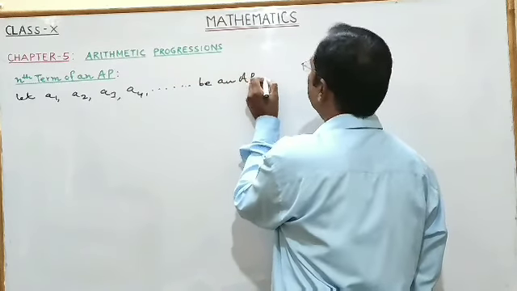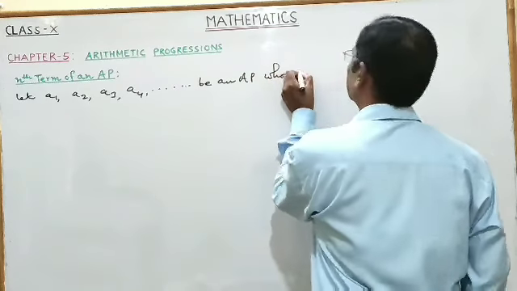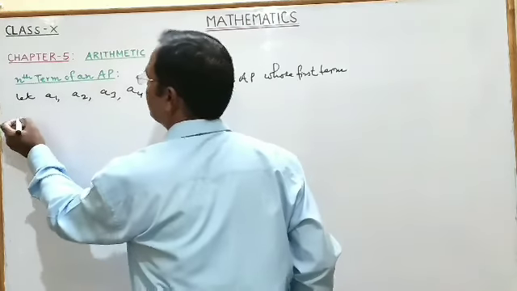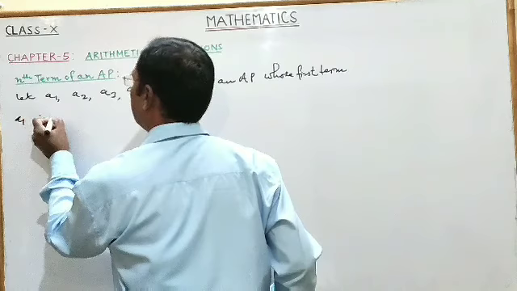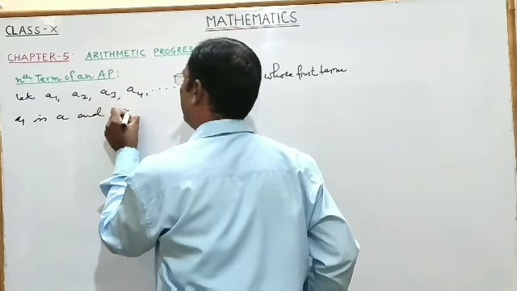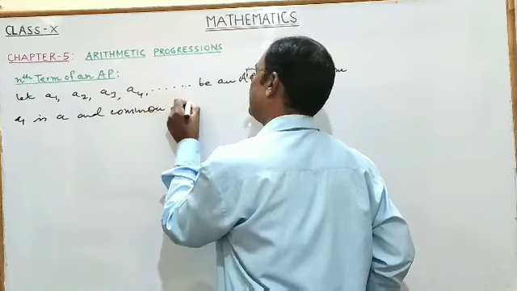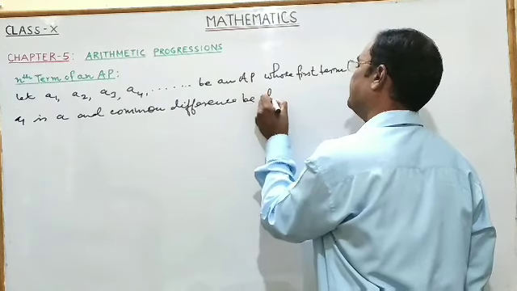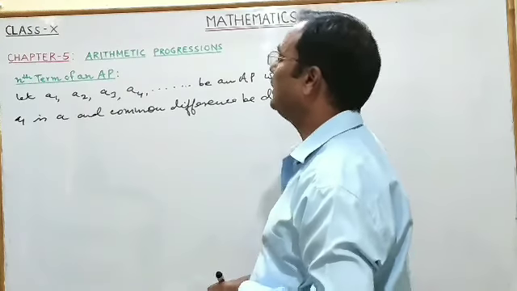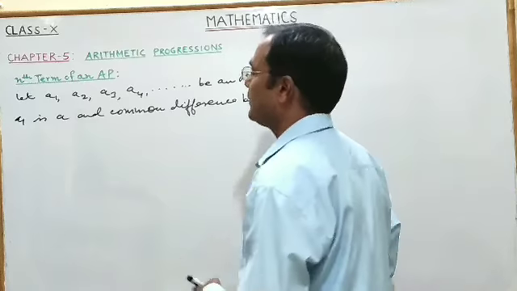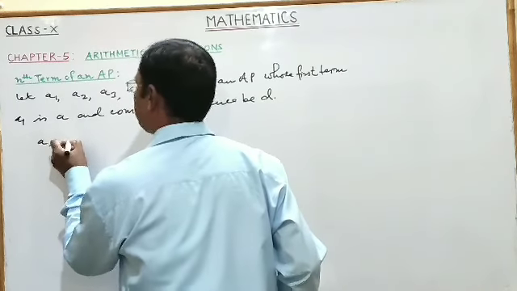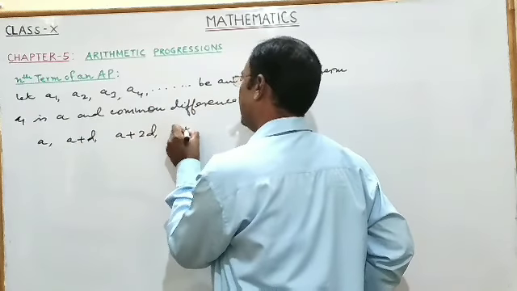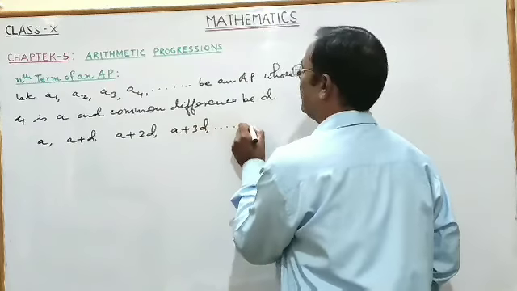whose first term A1 is A and common difference be D. Then this AP in general form can be written as A, A plus D, A plus 2D, A plus 3D and so on.